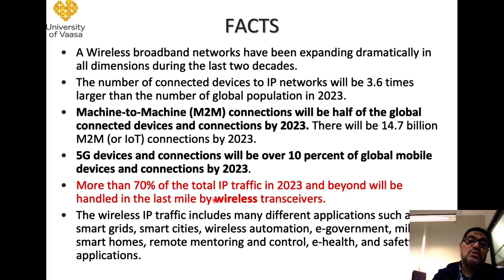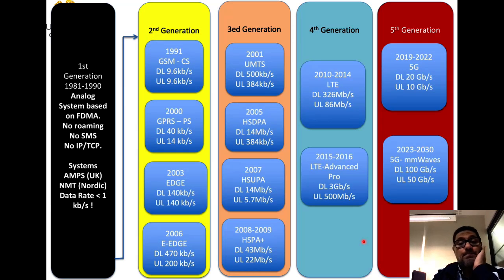So wireless communication will be a major part of the communication infrastructure, also in machine to machine or the industry sector. Wireless IP traffic includes many different applications such as smart grid, smart city, wireless automation, e-government, military, smart homes, remote monitoring and control, e-health and safety applications.